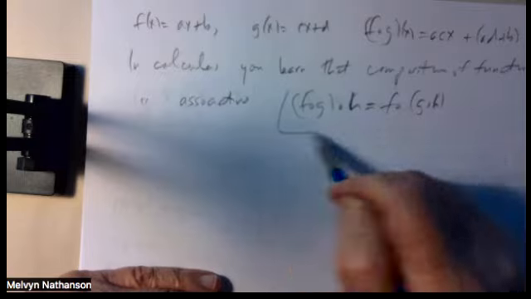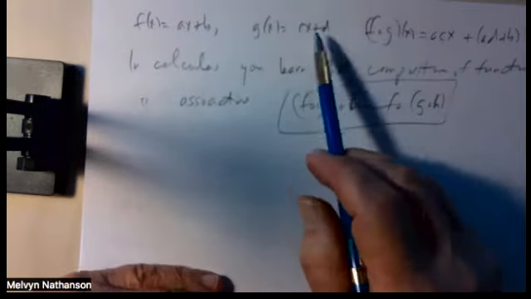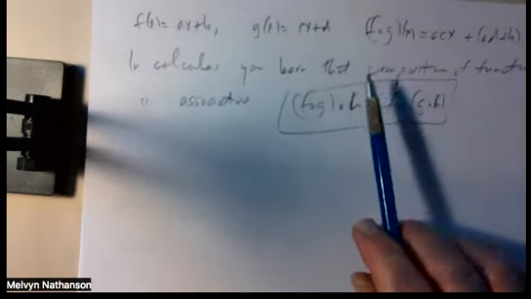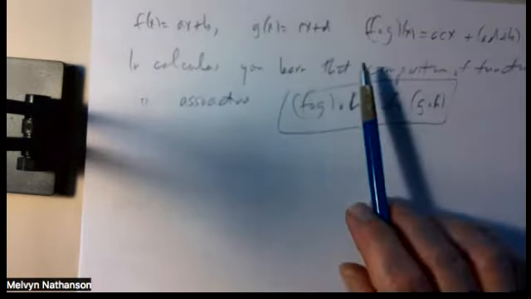F composed with G composed with H is always the same as F composed with G composed with H. So this is a particular example of composition of functions. So this is associative. So if we call this group G, of ax plus b, a different from 0, a and b are real numbers. Here's a binary operation that's associative.